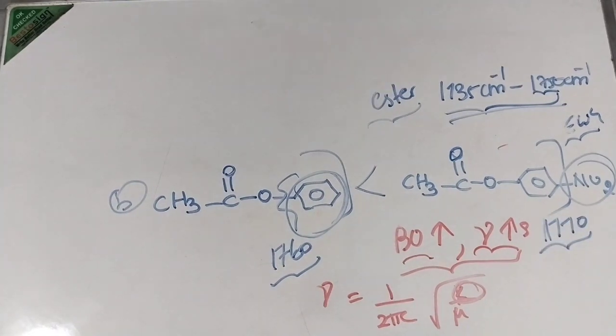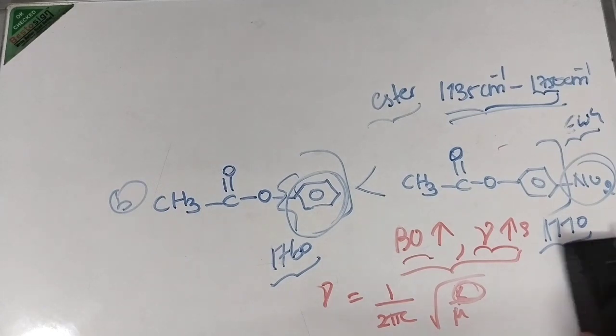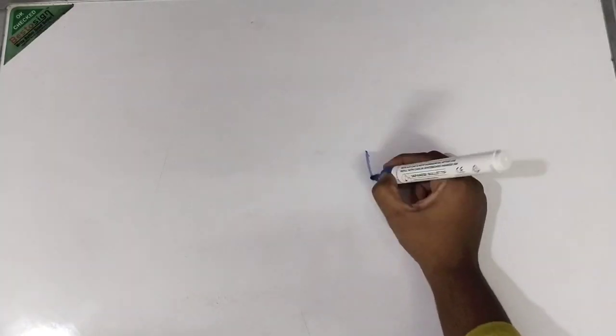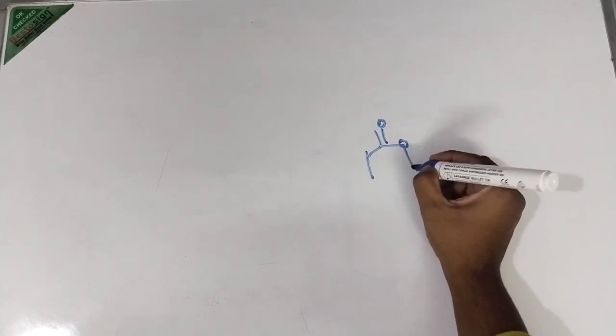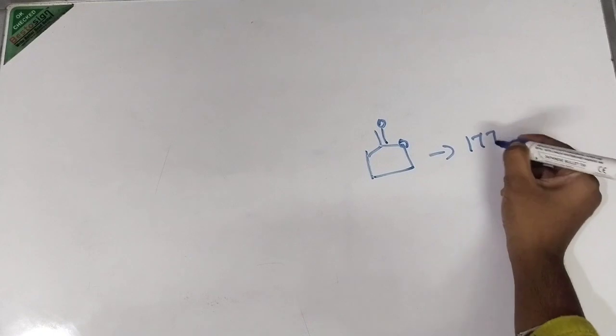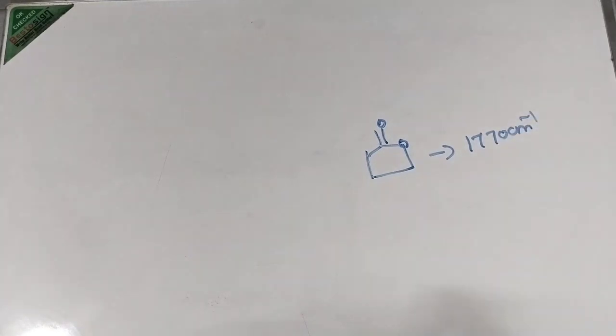This question has been frequently asked in CSIR and GATE exams. Then that 5-membered ring, the 5-membered ester. Always remember the value of the 5-membered ester, okay? 5-membered ester is 1770 centimeter inverse, okay?